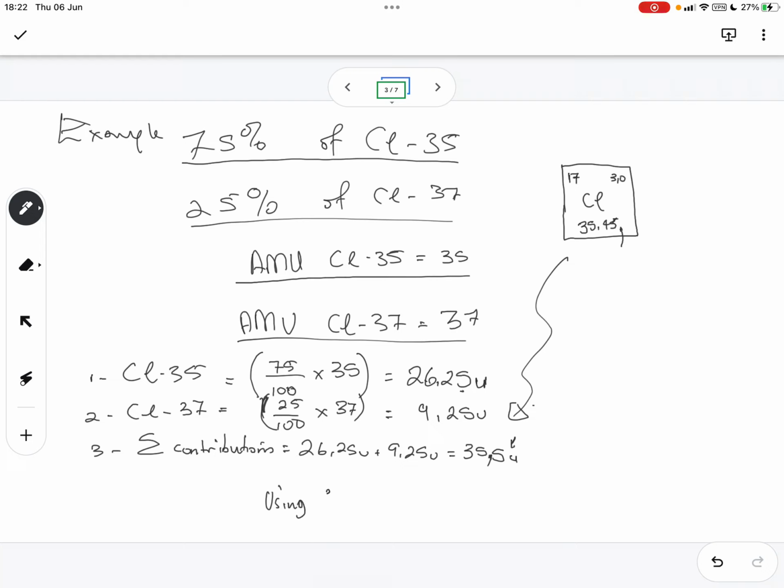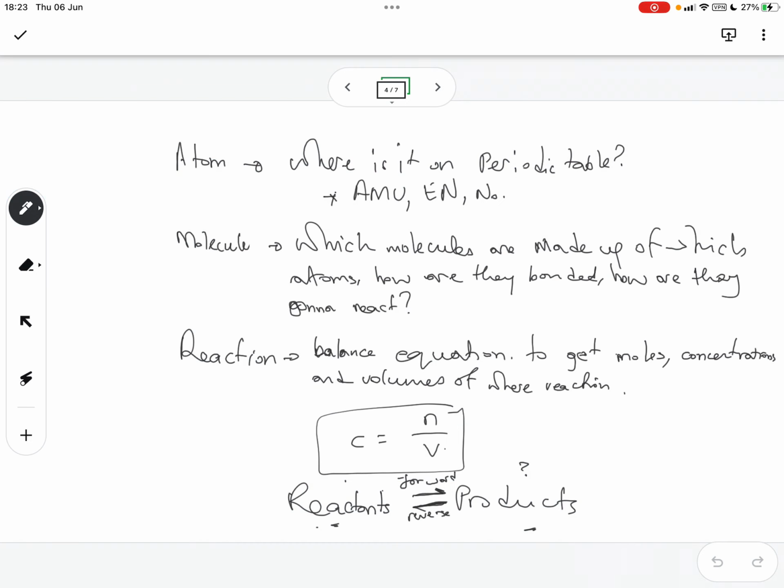So in this one, here it's using the percentage of isotopes to get the relative atomic mass.